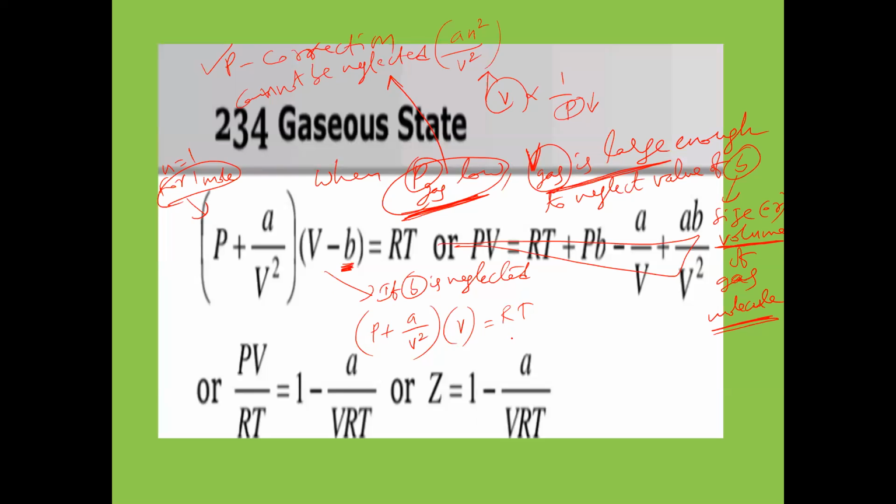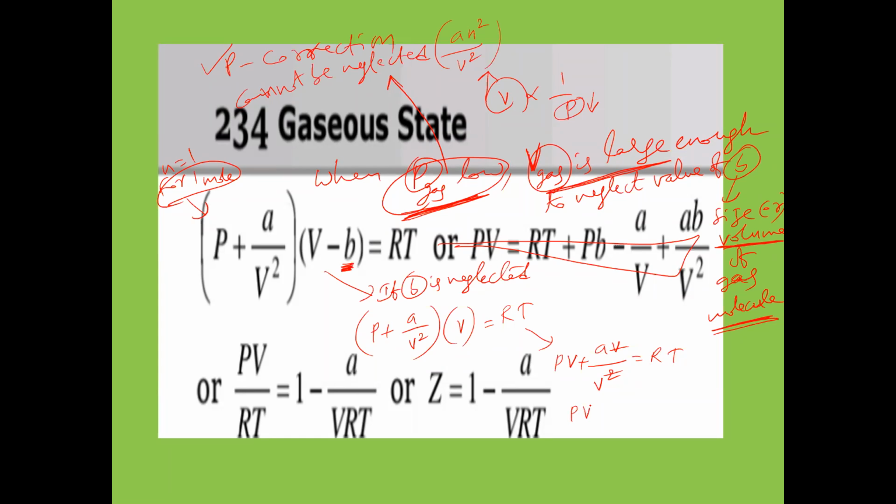Now PV plus aV by V squared. aV by V squared means what? V and V get cancelled. a by V is equal to RT.